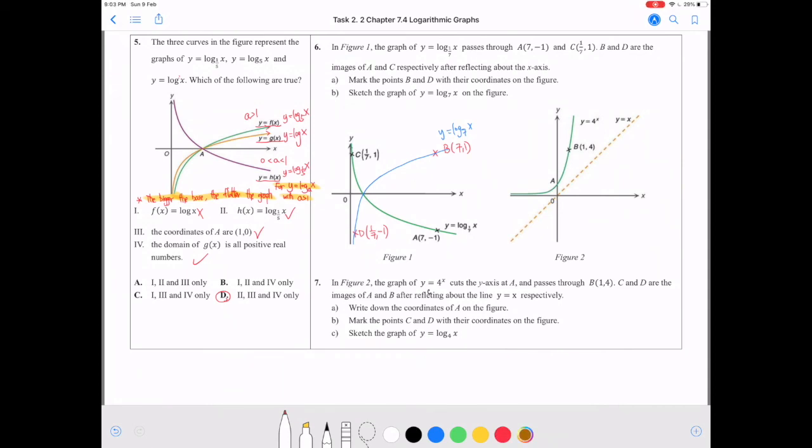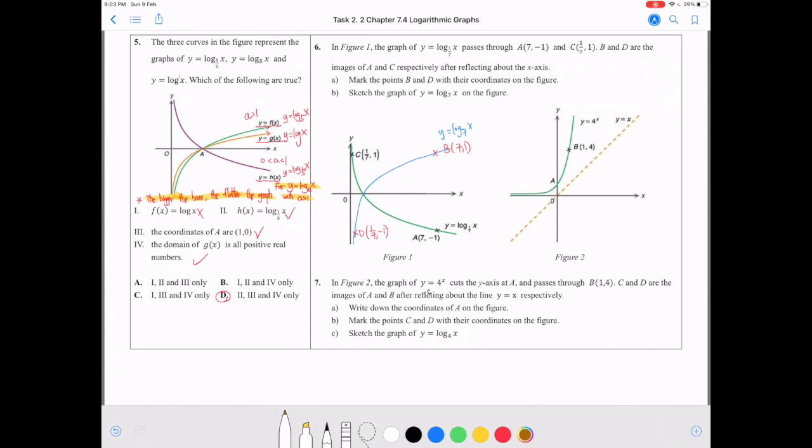The last question, question 7. In figure 2, the graph of y equals 4 to the power of x cuts the y-axis at A and passes through B (1, 4). C and D are the images of A and B after reflecting about the line y equals x respectively.